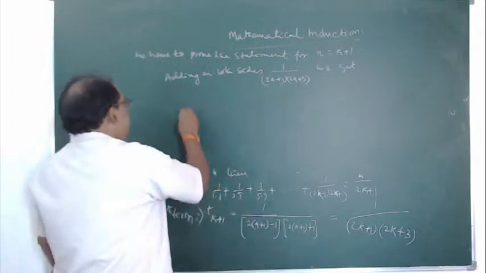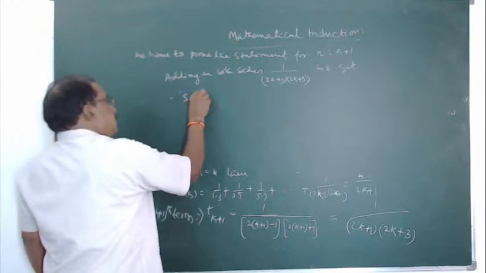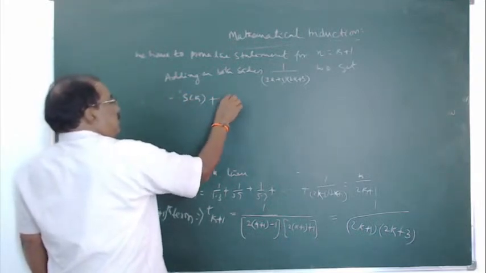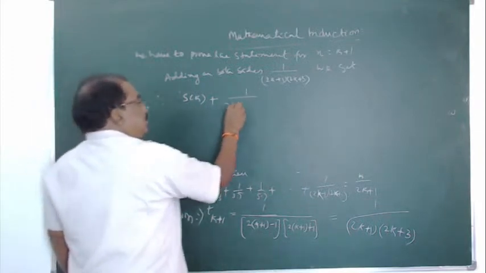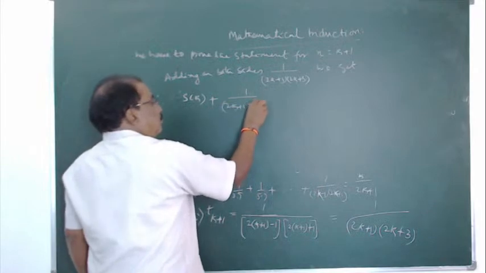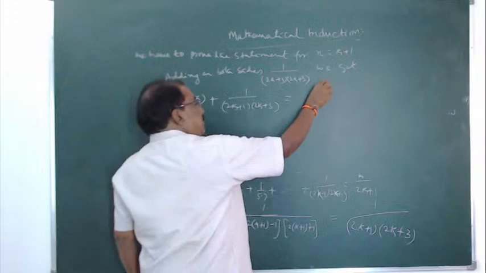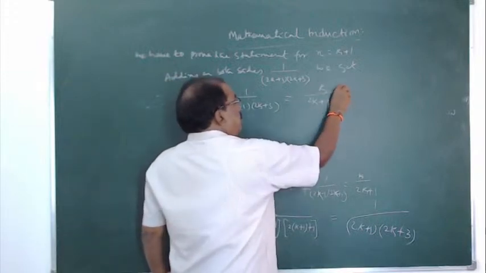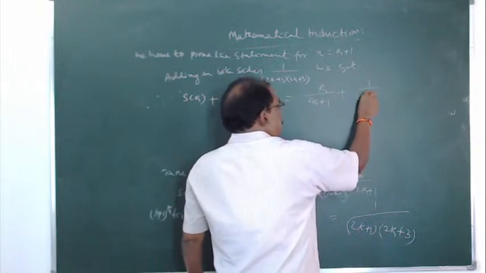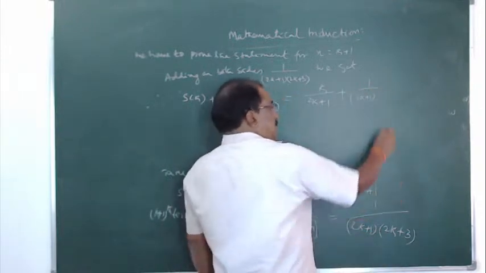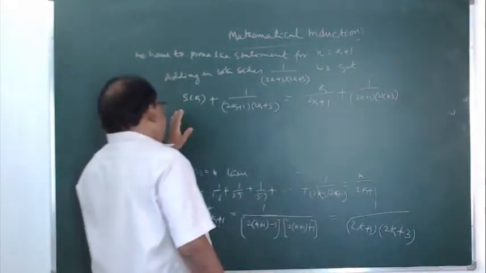You get Sk plus the k plus 1 th term on the left, and on the right, k by 2k plus 1 plus 1 by (2k plus 1) into (2k plus 3), both sides added.